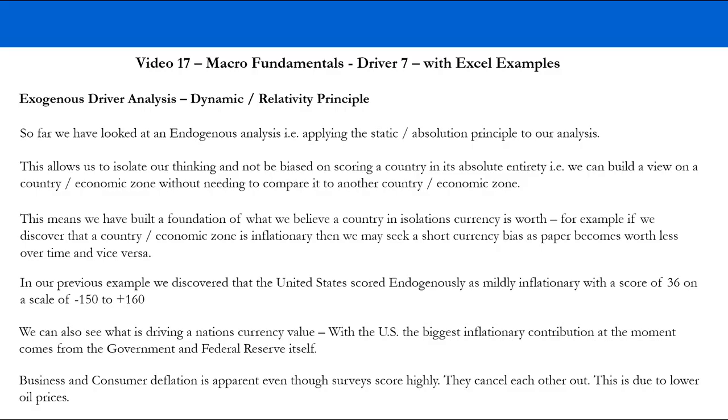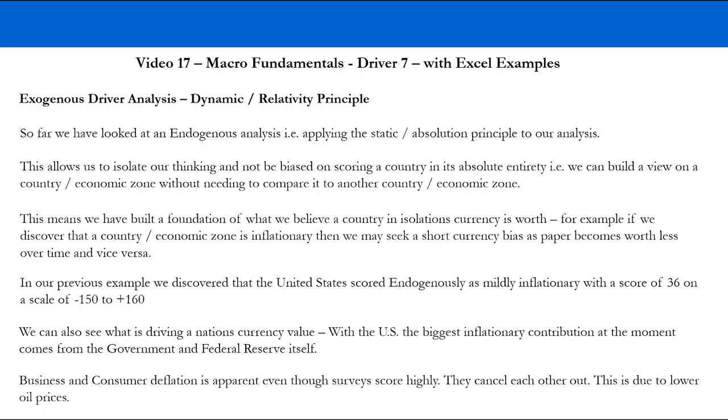And this basically means that we've built a foundation of what we believe a country's currency in isolation is actually worth. So, for example, if we discover that a country or economic zone is inflationary in nature, then we're probably looking to seek a short currency bias, as the paper becomes worth less over time, and vice versa.